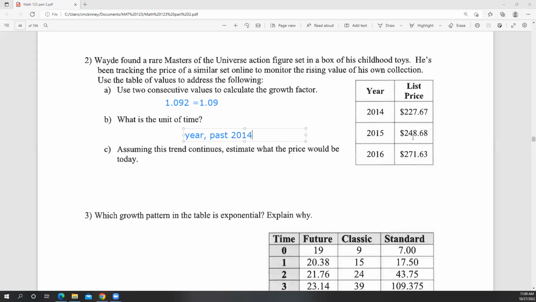New over old, yes. You put the more recent on top. On the page right before this, growth factor in the gray there, growth factor equals new over old using 2 consecutive data points.